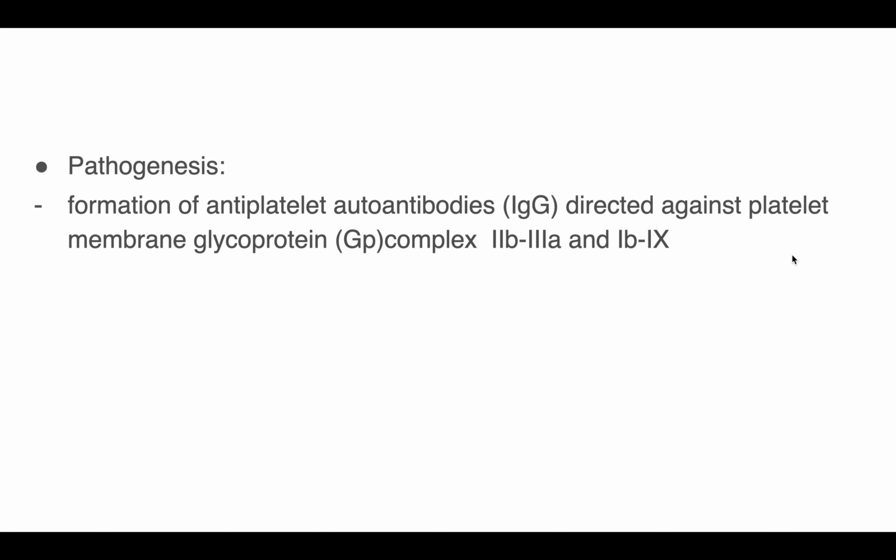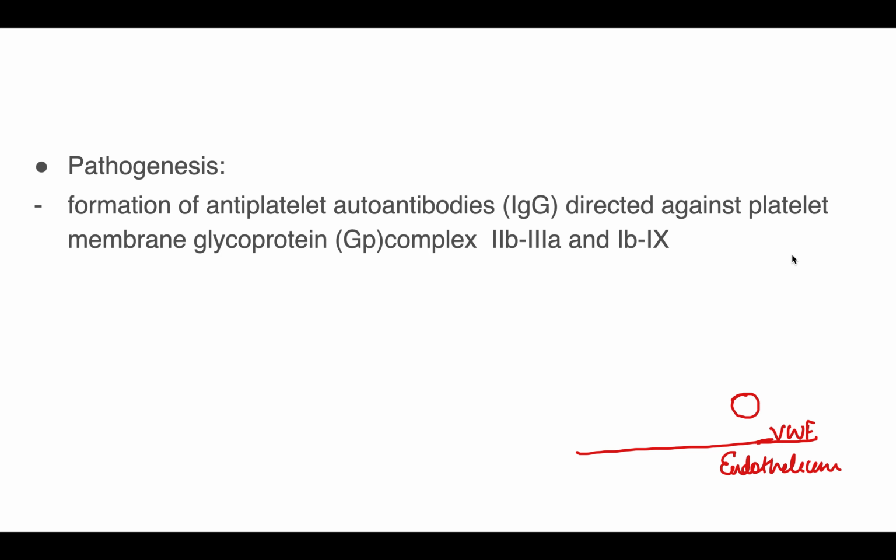So what is the pathogenesis? Now, if you remember, this is the endothelium. On the endothelium there is a marker, that is von Willebrand factor, which is expressed in case of any injury. Then you have a platelet.